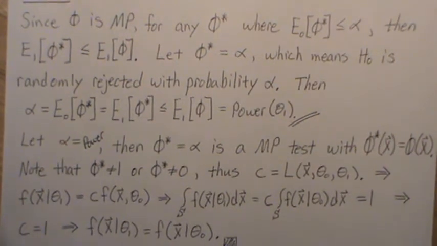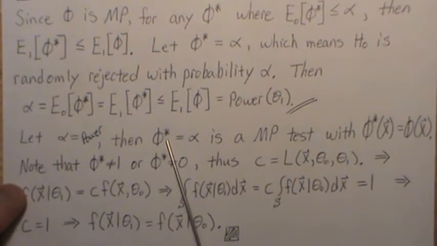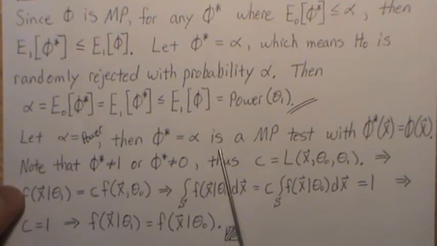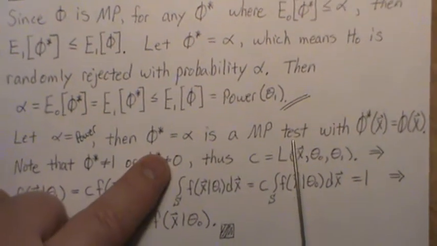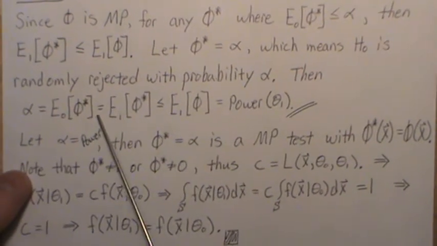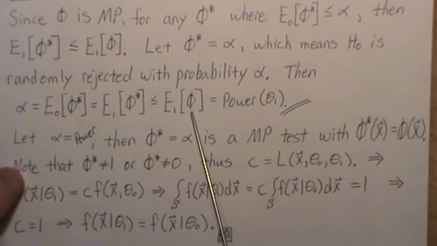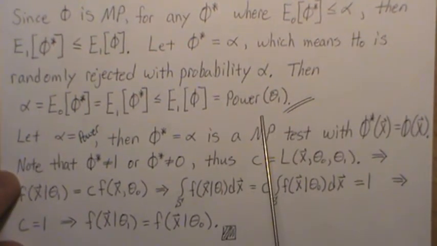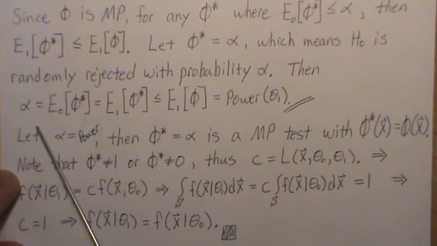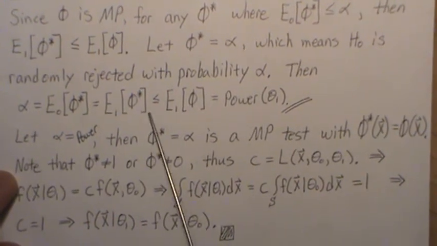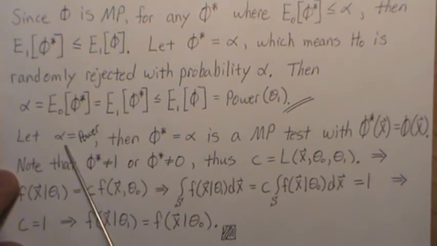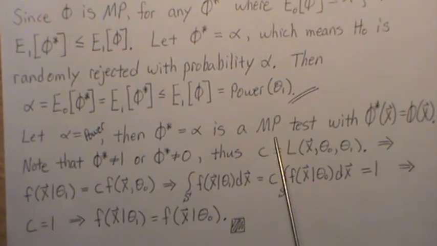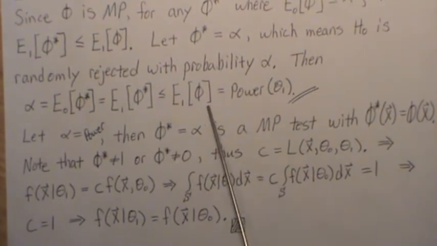Then this test, phi star, which we're going to just let equal to alpha, is the most powerful test, right? Because we know that phi is the most powerful test, and it has a power value of whatever it is, but that's equal to alpha. So those two tests are most powerful, right? If we assume that alpha is equal to power. So phi star has to be a most powerful test, right? It is equal to the most powerful test.